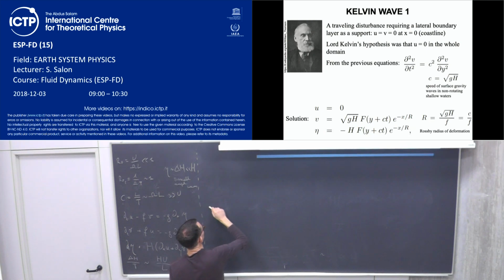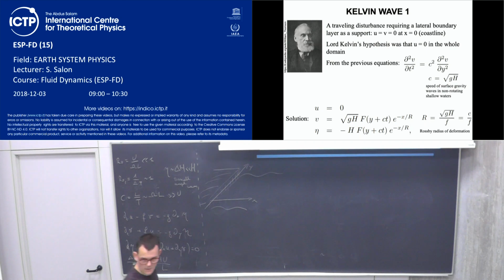So what I have is that, for example, this is the land. This is the ocean. This is the y coordinate, and this is the x coordinate. Okay?